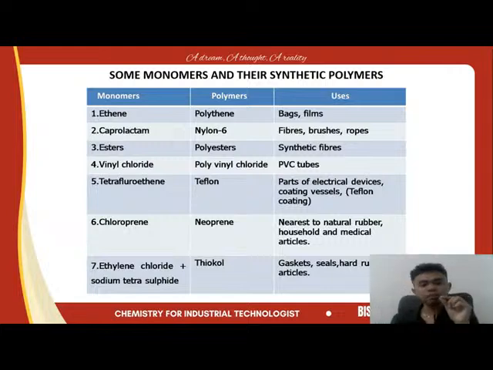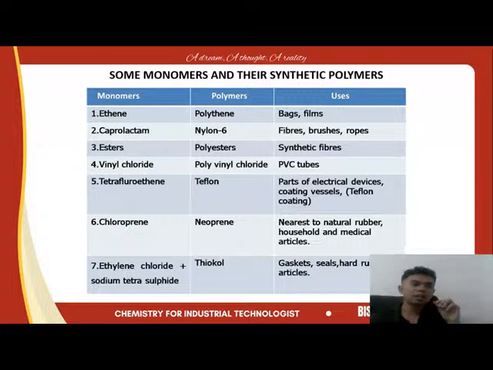The first monomer is ethene. When we combine ethene, we form polyethylene, and the use of polyethylene is to make bags and films. Next, we have caprolactam.